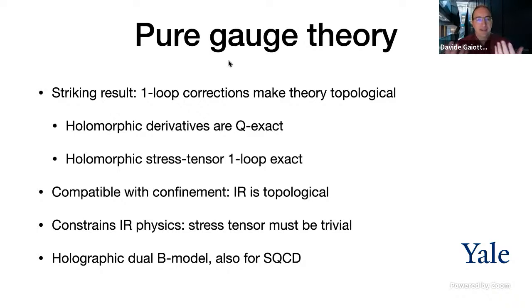So it has an action like B del bar C plus BCC, plus something that contains the theta angle. And you can do Feynman diagrams in this 4-dimensional BC system, and you will get the factorization algebra structure of the pure gauge theory. And it's a totally remarkable simplification.